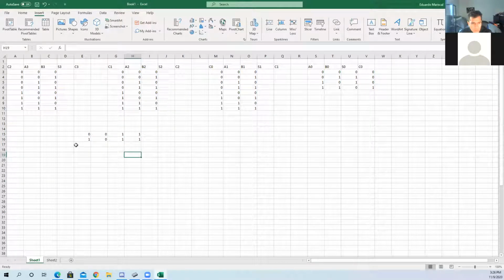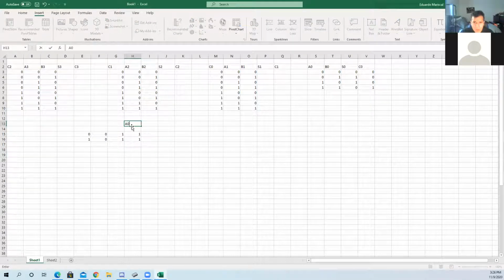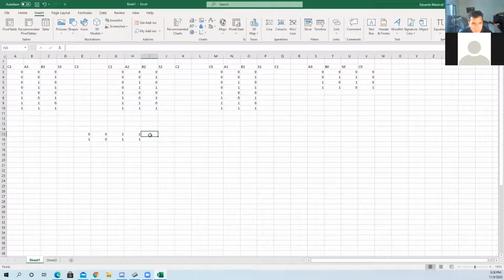So I want to add them together. So here's going to be, in the first one, this is my A0. I'm going to put this here, A0. It's kind of hard because this is my A0 and this is my B0.